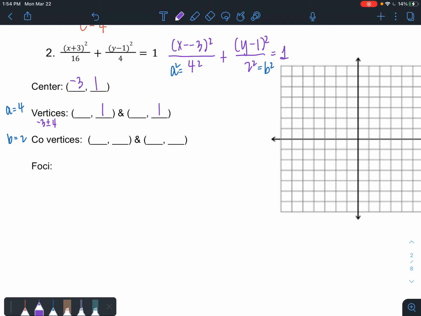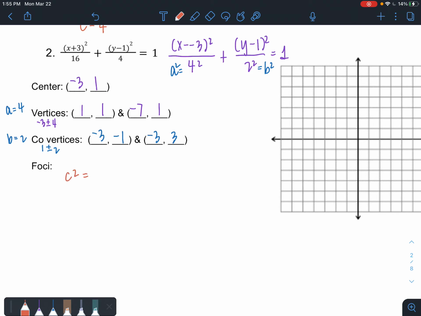So negative 3 plus 4 is 1, and negative 3 minus 4 is negative 7. Covertices, so my x value is the same. My y value, I'm adding and subtracting 2, so 1 plus or minus 2. So 1 minus 2 is negative 1, and 1 plus 2 is 3.